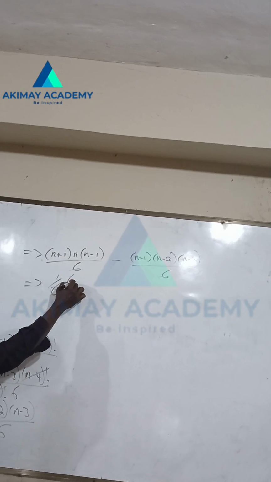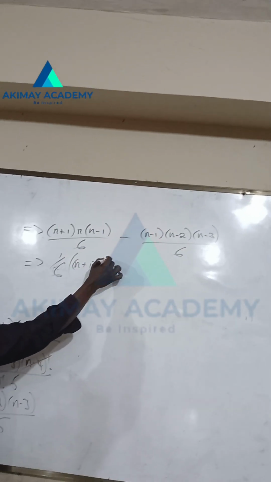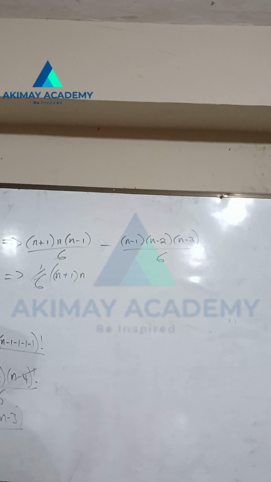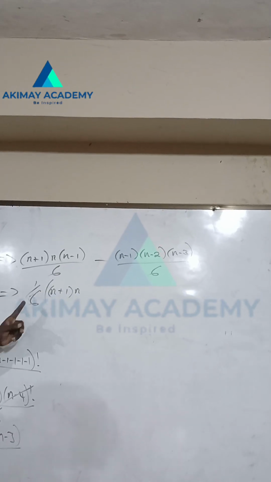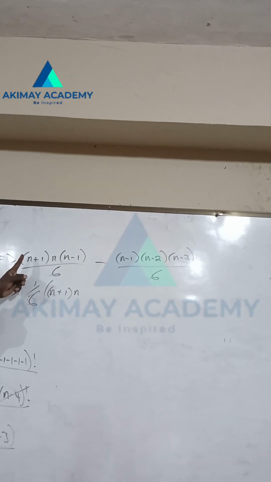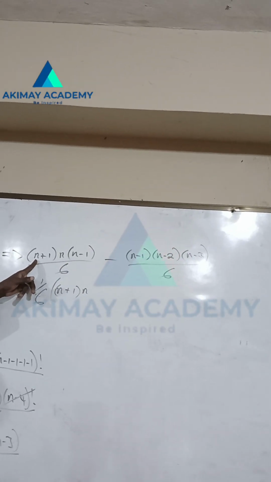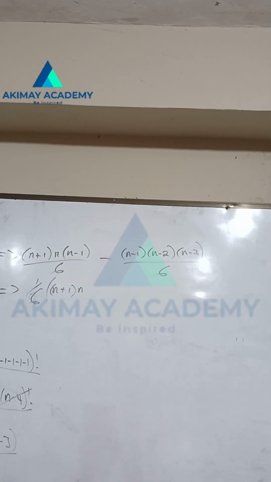You have n plus 1 and, okay, let's expand them. So after bringing our 1 out of 6 out, you can expand this one. I hope you can do that. So let's expand all of them.